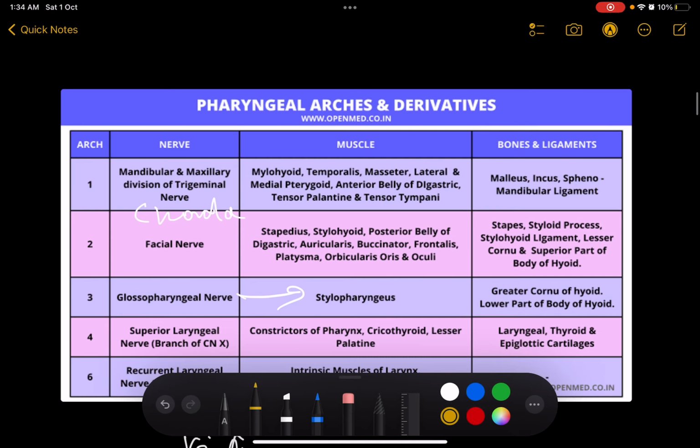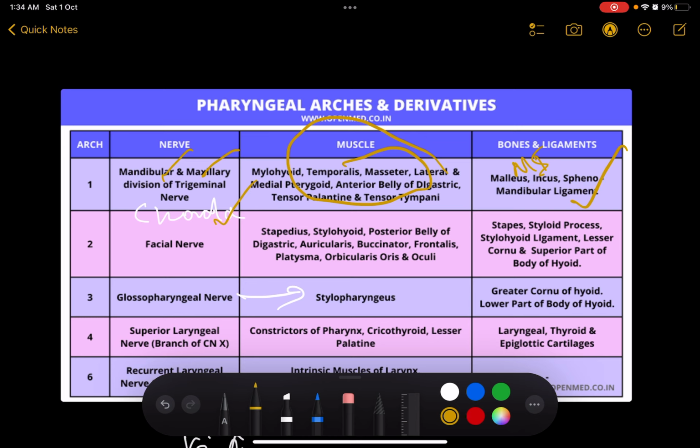I just need to talk about the important derivatives of each arch. The first arch has its derivatives as the mandibular and maxillary nerve, and also the chorda tympani, and the muscles of mastication: masseter, temporalis, and others that help in chewing movement of the mandible. The bones are malleus, incus, and the sphenomandibular ligament.